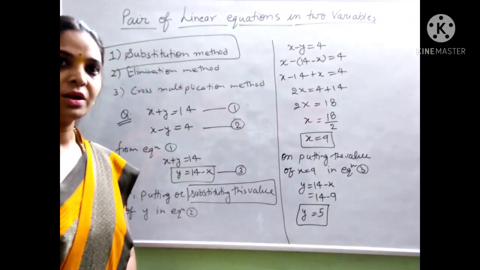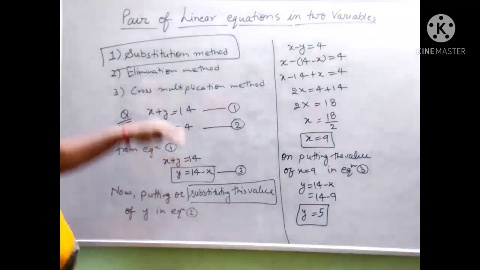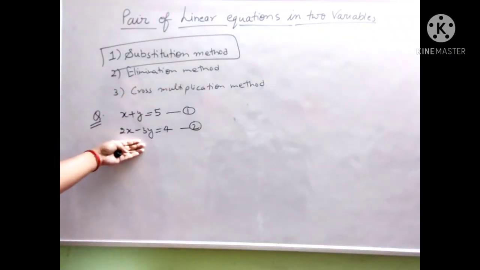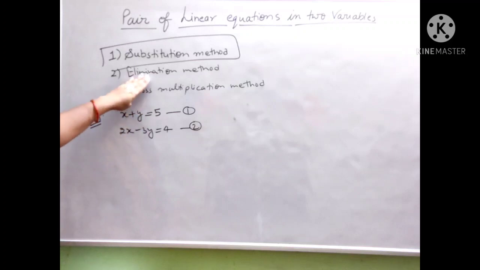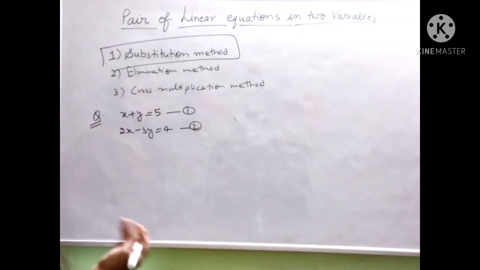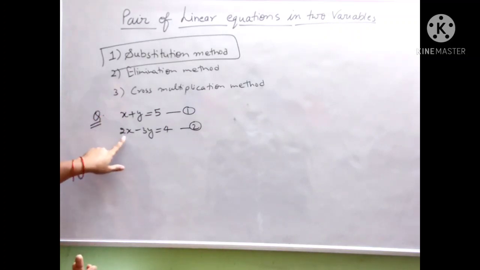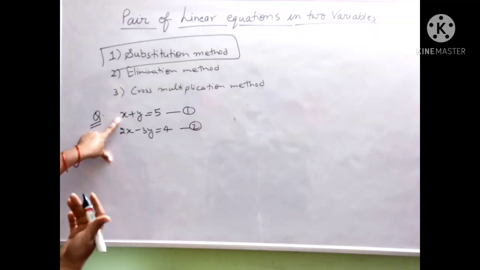Got it everyone? Now we have to take the next method, elimination method. This is the question we have to solve by the elimination method. So in this method we have to eliminate one variable. So before eliminating we have to make the variables equal. So here the value of variable x is 2 and here the value of variable is 1.